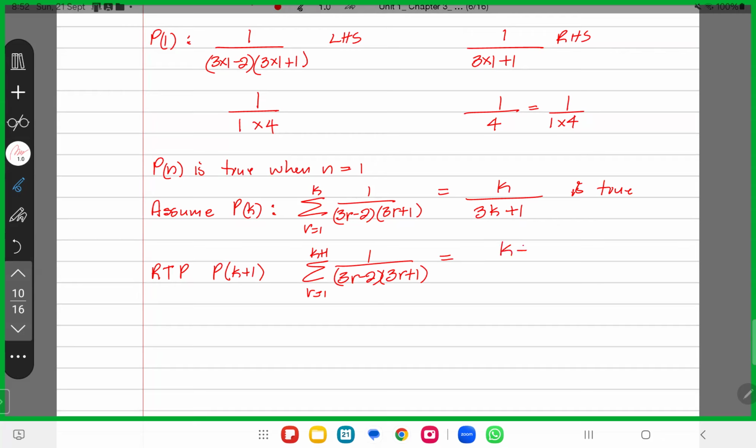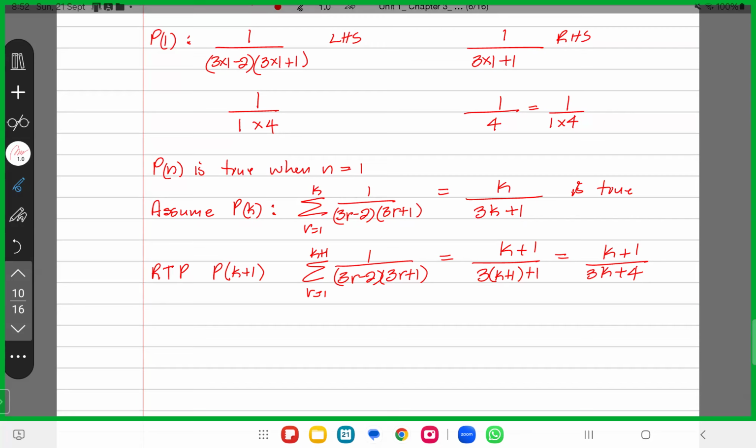So it's k plus 1 over 3k plus 1 plus 1. Simplify to k plus 1 over 3k plus 4. That's what it simplifies to. So this is what we're required to prove. This is our step 3. Once we prove step 3, we're basically finished.